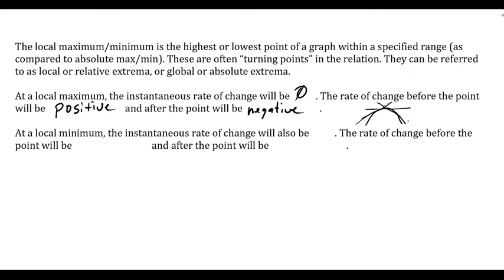At a local minimum, the instantaneous rate of change will also be 0. The rate of change before the point will be negative. Sketches like this are so helpful. It just allows you to visualize it, right? And after the point will be positive. Any questions about that?